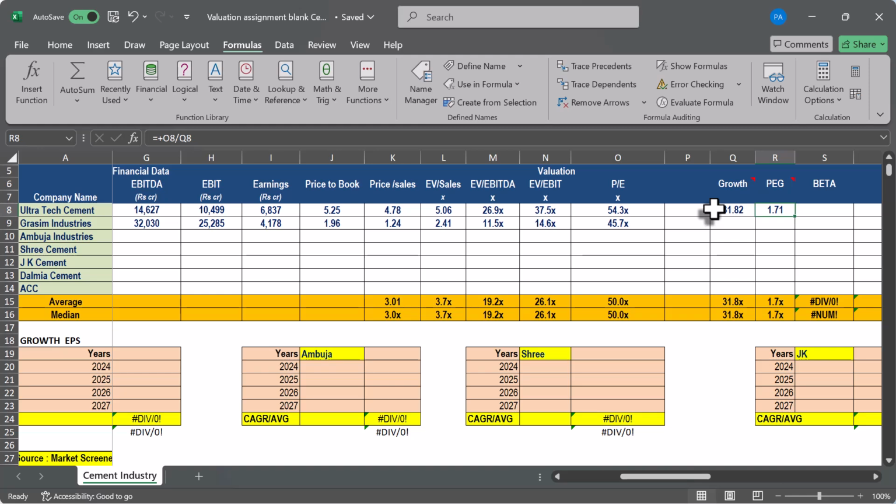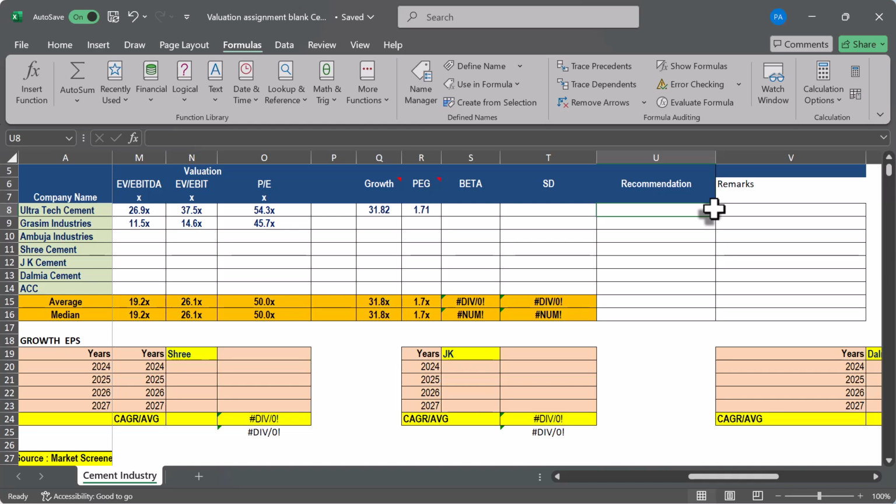There can be a view that you should not buy it, so we can say either hold or sell. I'm saying sell at the moment. In the last column, you say sell because the company is trading at a higher PEG ratio. One would say invest, but we have to enter the beta and the standard deviation to complete the story.